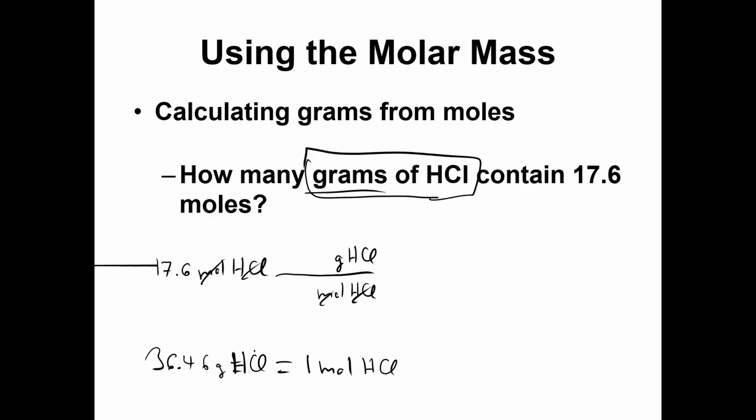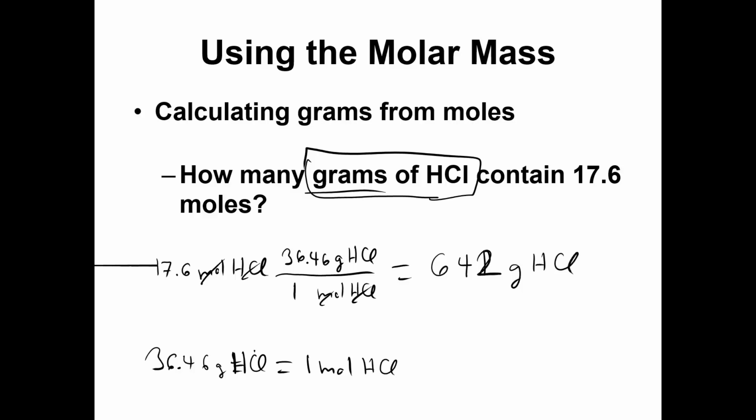That's the conversion factor. You should be able to find that a lot faster than I did. So you put the 36.46 grams in here, 1 mole on there, and you have an answer. This would be 642, well, it's 3 significant figures, 642 grams of HCl.